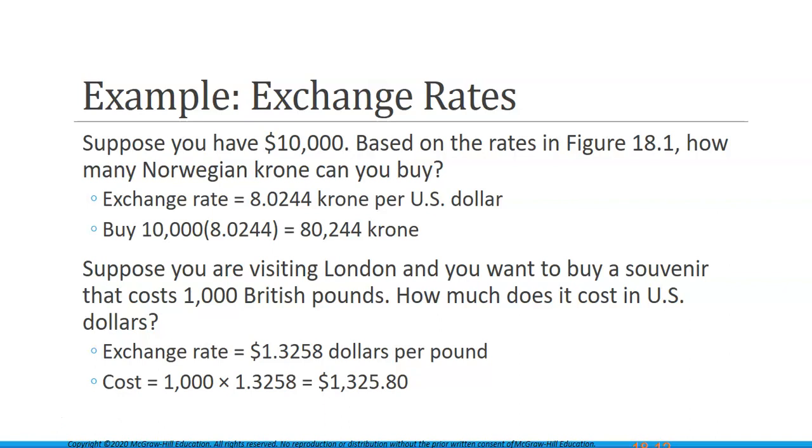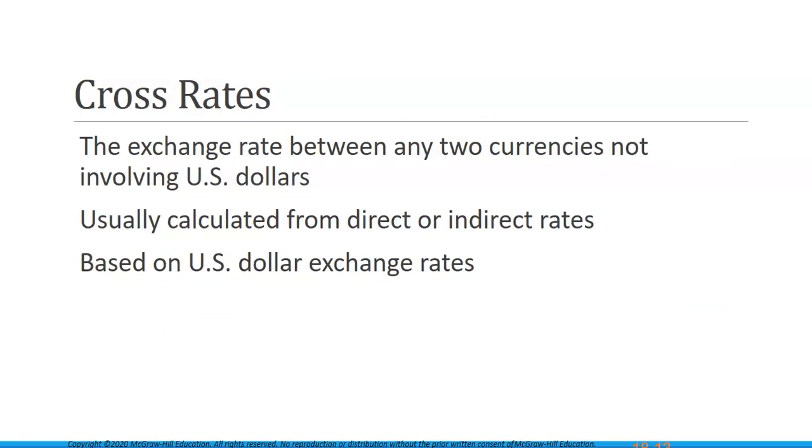Or suppose we're visiting London and we want to buy a souvenir that costs 1,000 British pounds, and we want to know how much that costs in US dollars. Well, if the exchange rate is $1.3258 per pound, then we take 1,000 times that, and that cost would be $1,325.80.